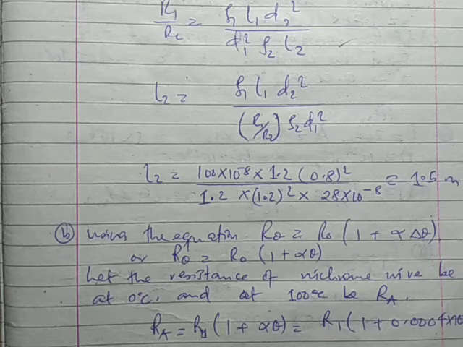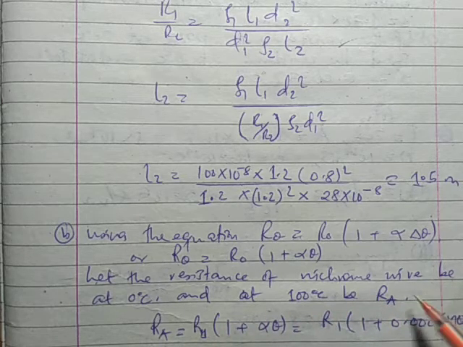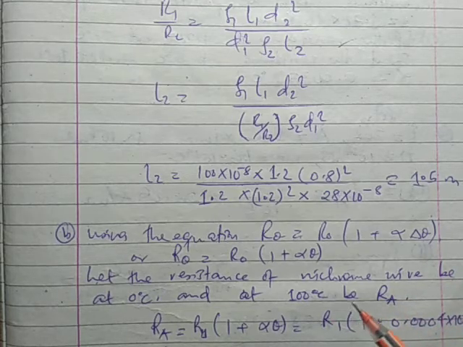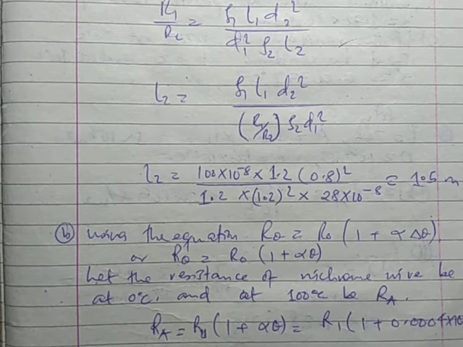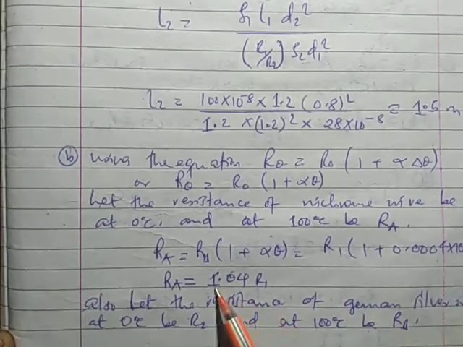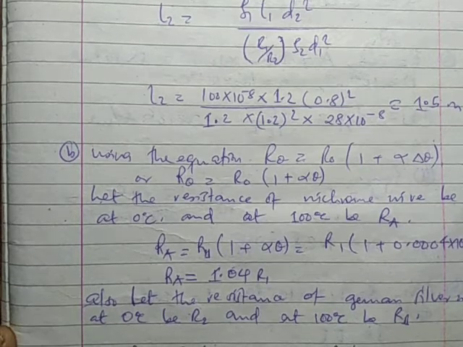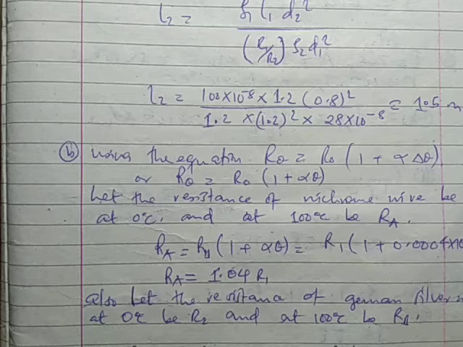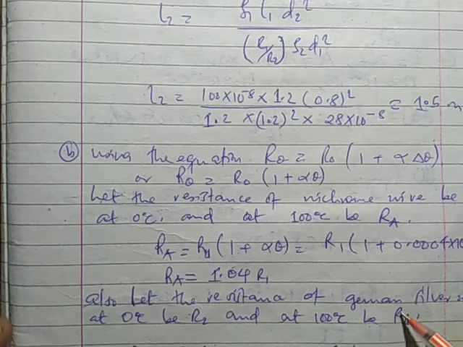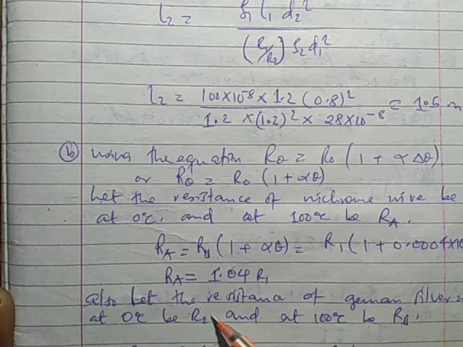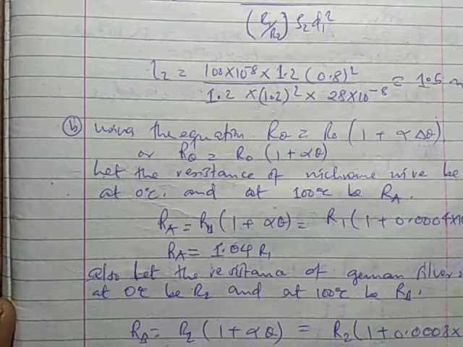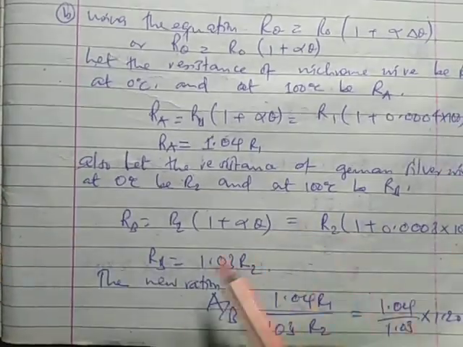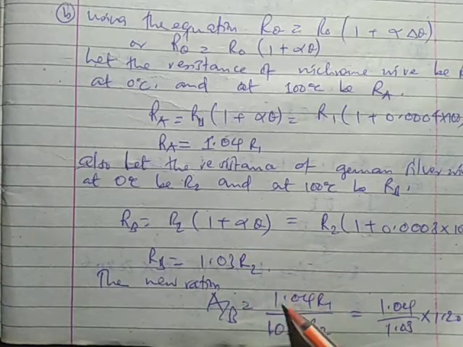So let the resistance of nichrome wire be R1 at 0 degrees Celsius and at 100 be RA. So RA will be equal to R1 times 1 plus alpha times the change in temperature, because you're already given the coefficient. Also, let the resistance of German silver wire at 0 degrees Celsius be R2 and at 100 be RB. So RB will be equal to R2 plus that change due to the change in temperature.